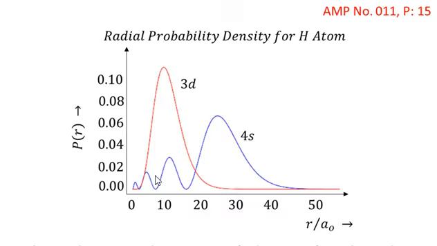But there are small variations in the probability density of the 4s electron, and it appears that there is a finite, nonzero probability for the 4s electron close to the nucleus. It means that the 4s electron has a greater probability to come closer to the nucleus.